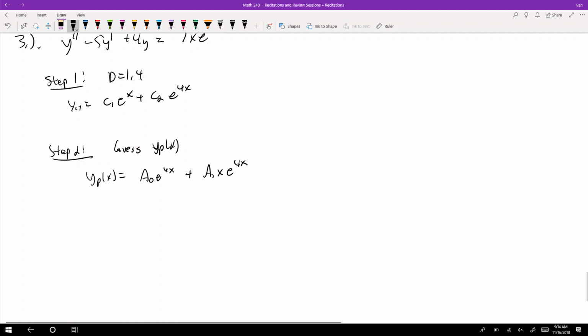Can anyone see why this is wrong? Anyone want to take a stab at why this guess is wrong? Where they're all 4s.